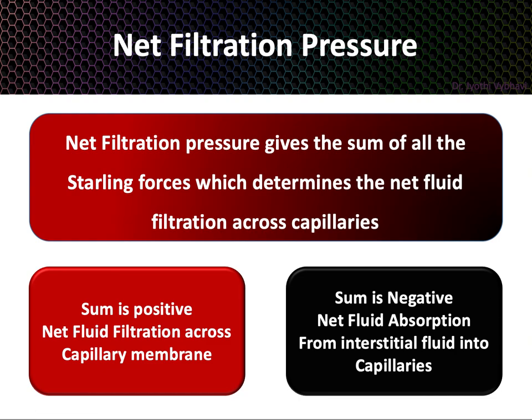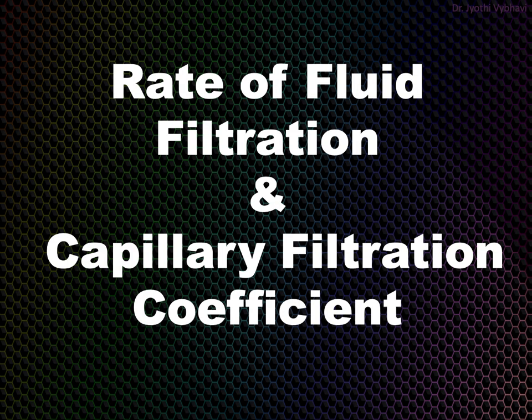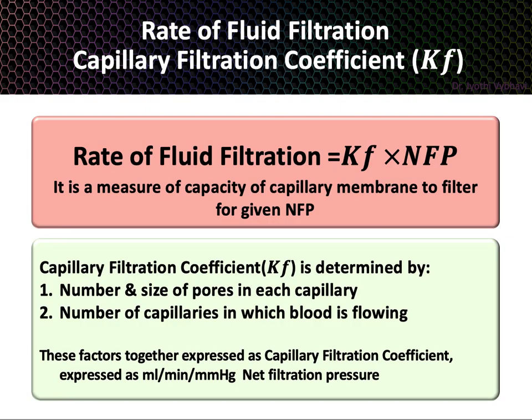Nothing much. Then moving on to the rate of fluid filtration and capillary filtration coefficient. What is this rate of fluid filtration? It's nothing but the net filtration pressure times the capillary filtration coefficient. When you multiply Kf by NFP, that is net filtration pressure, we get the rate of fluid filtration.